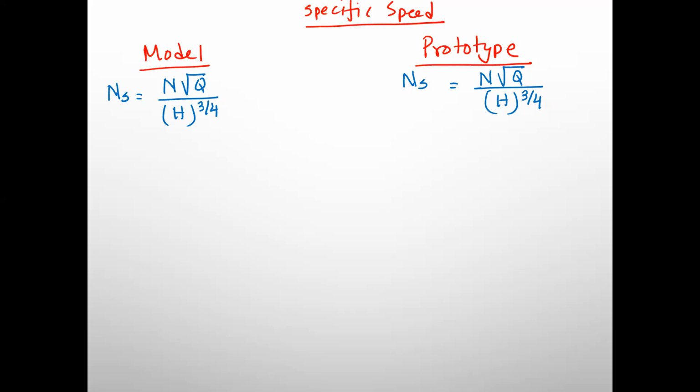So that N was in RPM, Q was in GPM, and H was in feet. Luckily, all the N we had is in RPM already. So for the model, it was 3600, and for the Q, it was 3, and the H, it was 125, to the 3/4.